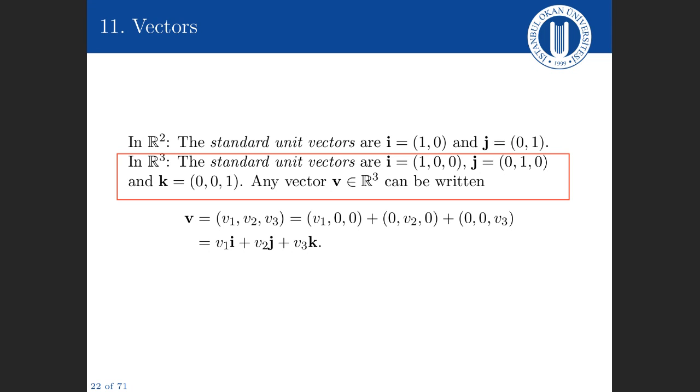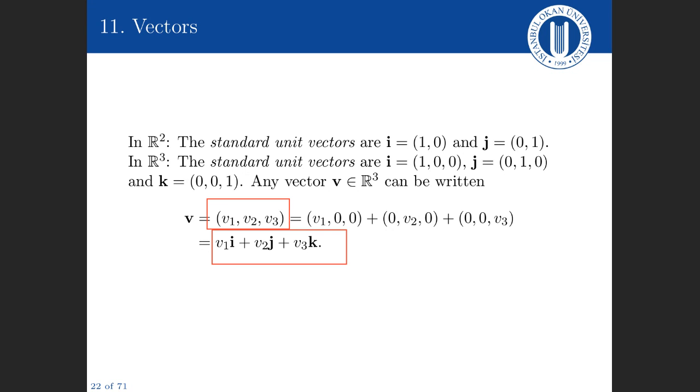A vector in three-dimensional space can be written in terms of i, j, and k. If we had the vector with component form v1, v2, v3, this is exactly the same as the vector v1i plus v2j plus v3k. We put the first component next to i, the second component next to j, the third component next to k. Two different ways to write the same vector.